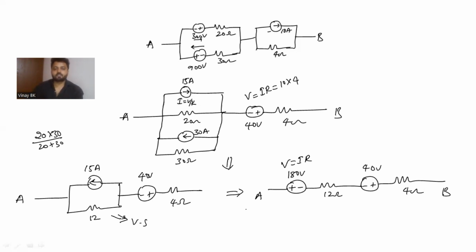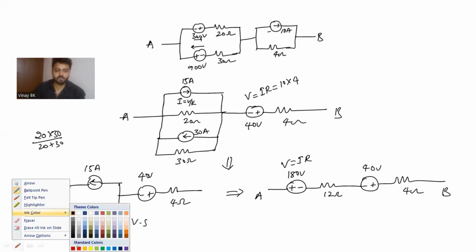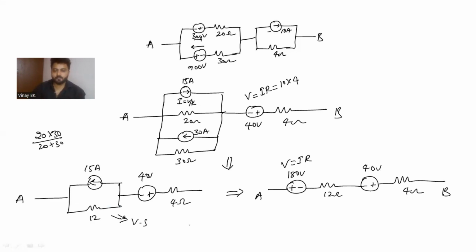So 12 plus 4 is 16, and the final solution for this particular problem is, from A, one voltage source and one resistor, you will get B, where the total value of resistance is 12 plus 4, that's nothing but 16 ohm resistor.